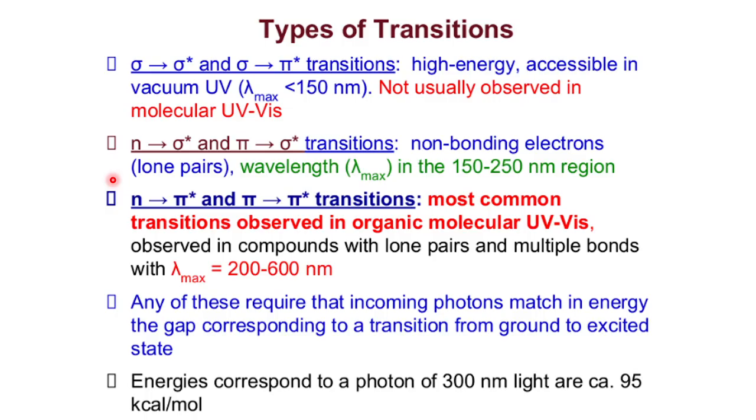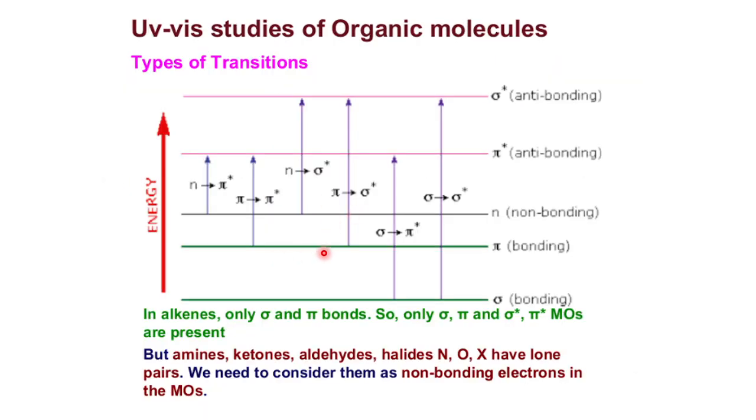In that case, this pi bonding orbital will be shifted in this upward direction. You should have a clear idea why it is shifted to the upward direction. Because of the plus I, the electron density in the bonding orbital is increasing. That's why it will be shifted towards the upper direction.